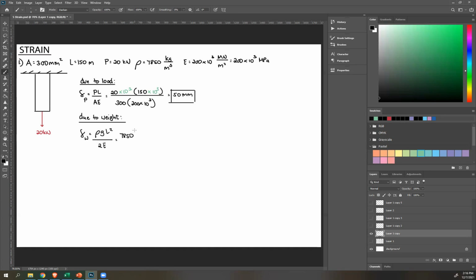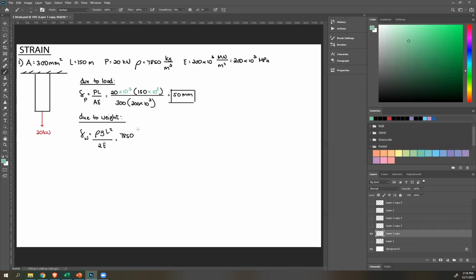7850. And then G. So one thing about this 7850 is kilogram per meter cube. Remember, I want Newton and millimeter. Okay, so I'm gonna convert meter cube to millimeter.